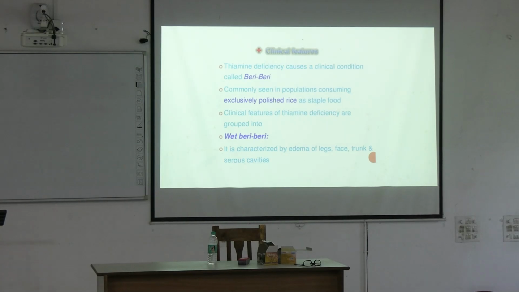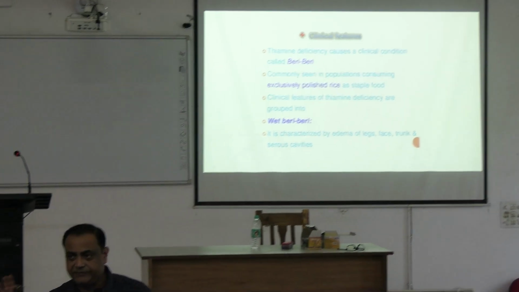Dry beriberi, death is due to CNS failure. Clear? In wet beriberi, there will be edema in the extremities and congestive heart failure. Wet means more liquid, congestive heart failure. Dry beriberi, no liquid, no edema, but CNS is affected, neurological damage. Clear?